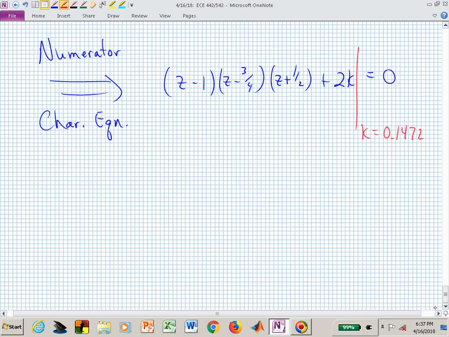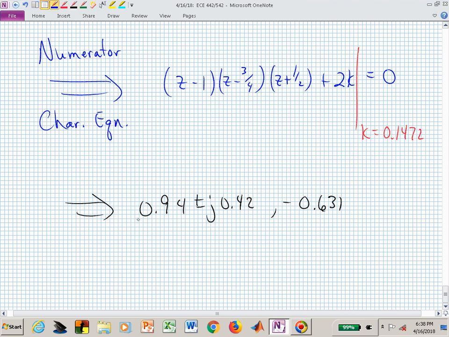If I find the values of z that cause that to vanish, I end up at 0.94 plus and minus j 0.42, so I really wasn't too far off with my estimate, and minus 0.631. So I haven't yet gotten beyond minus 1, which I knew because it takes me a k value of 0.875 to get that far. And I didn't move very far from minus 1/2. I only moved to minus 0.63, cranking up the gain to a value of 0.15.